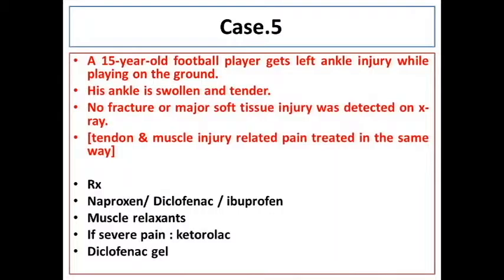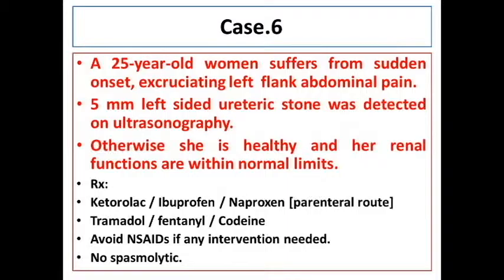Now case number 6 is about a 25-year-old woman who suffers from sudden onset excruciating left flank abdominal pain. On examination, maybe an ultrasound was done for her and showed a 5 mm left-sided ureteric stone. Now ureteric stones are of various types.